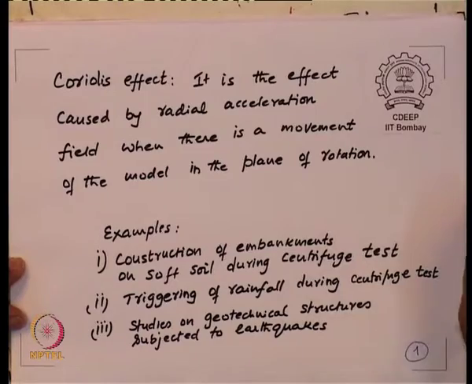Then another thing is the studies on geotechnical structures subjected to earthquakes. For example, when the model is subjected to earthquake perturbation with the help of some actuator which can induce this phenomenon, the particle velocities are such that they can experience this Coriolis effect.